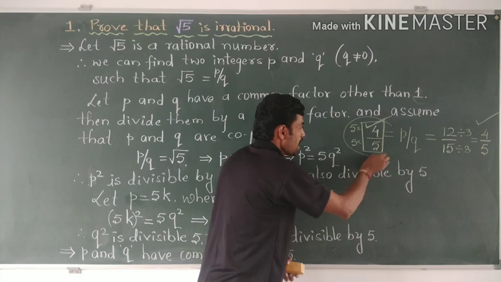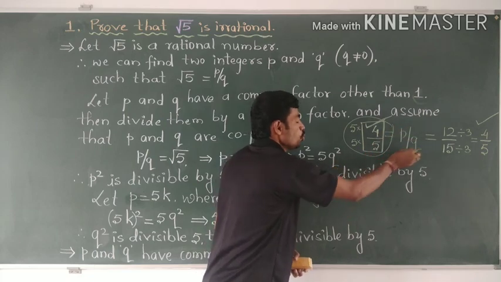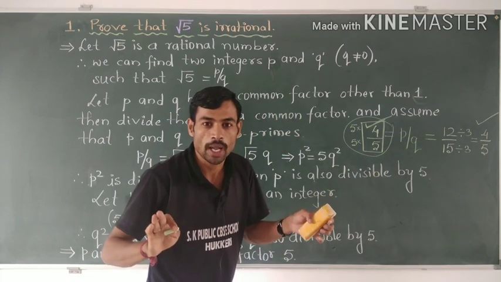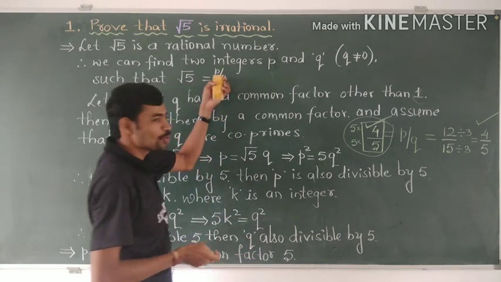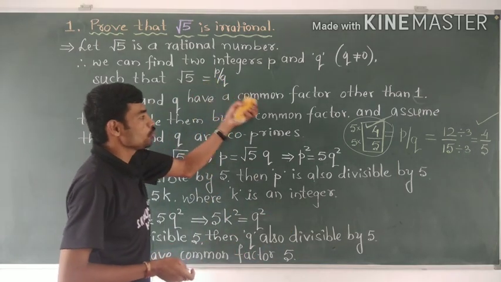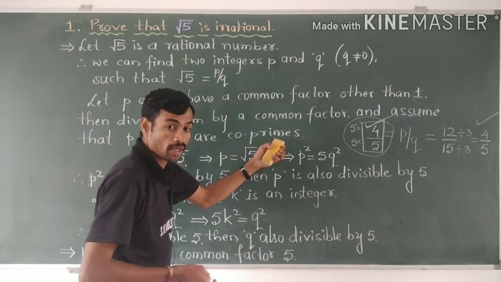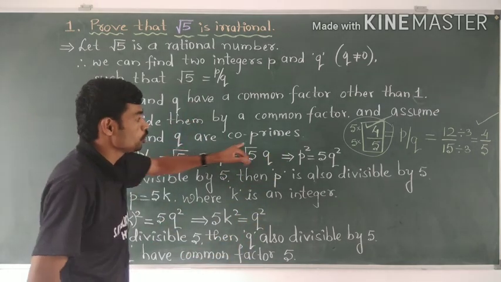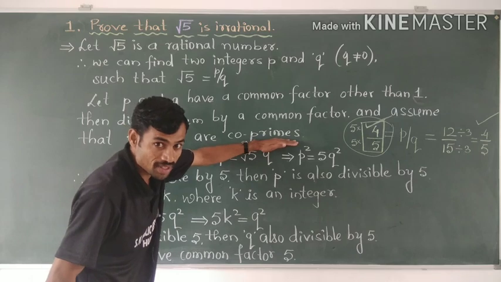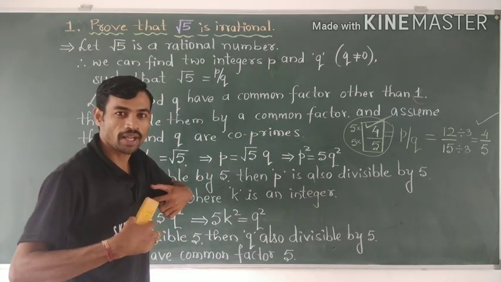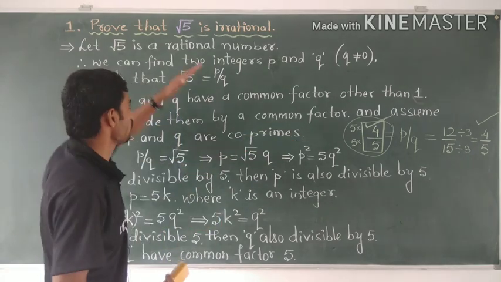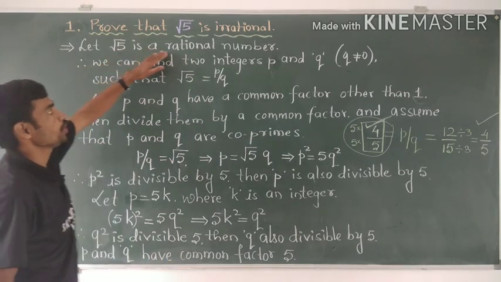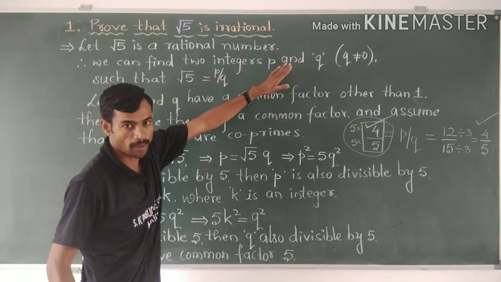It means that p and q are not co-prime numbers. But we have assumed that p and q are co-prime numbers. This contradiction arises because we have taken a wrong assumption that root 5 is a rational number.